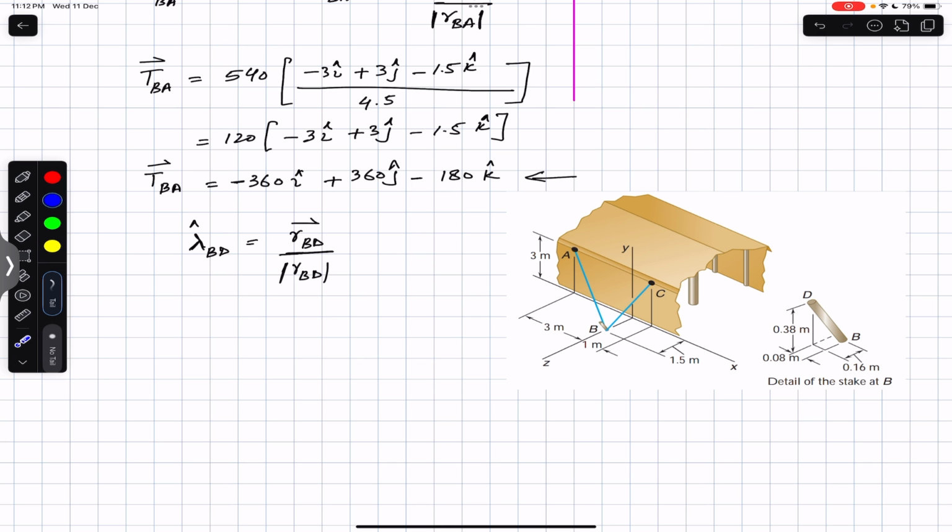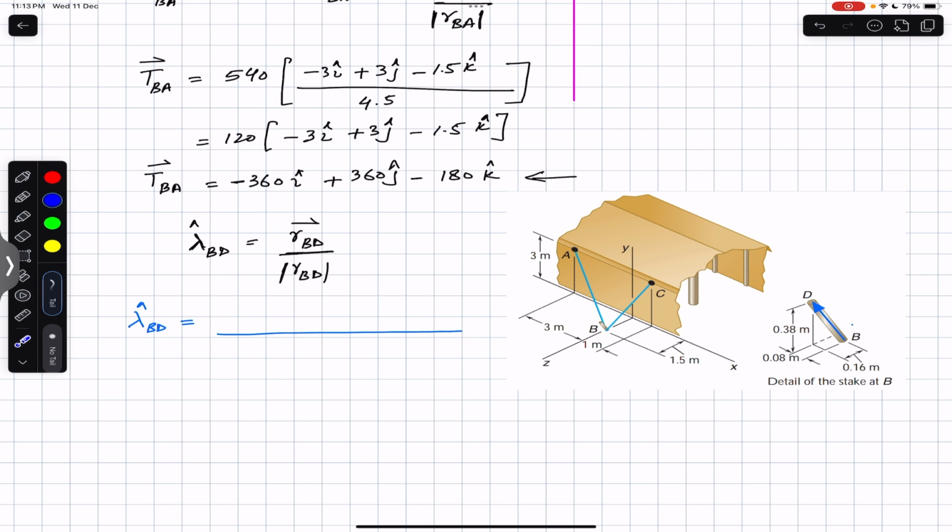We are given extra details here, so we will use the position vector from B to D here, and using the same method we will travel from B in the direction of x, y and z in any order, right? So now to write the position vector from B to D.